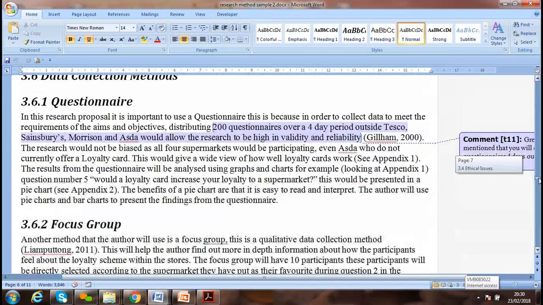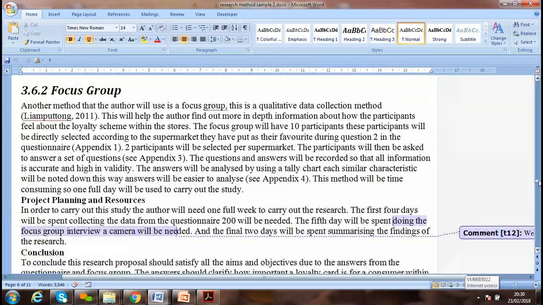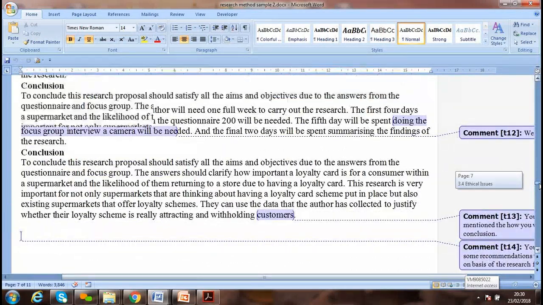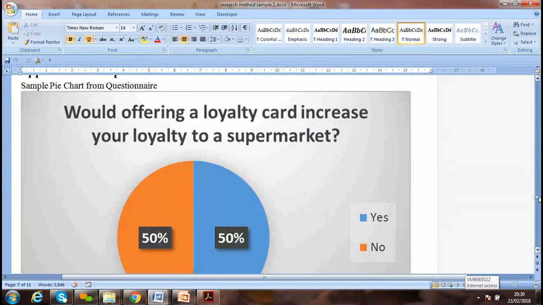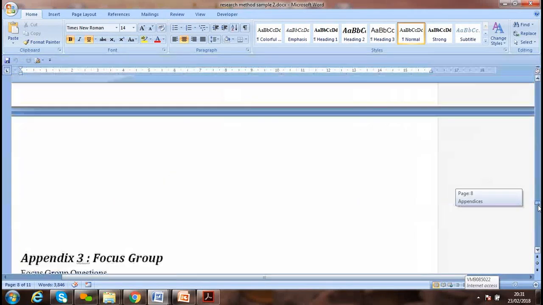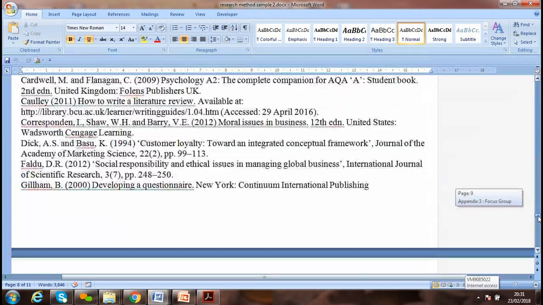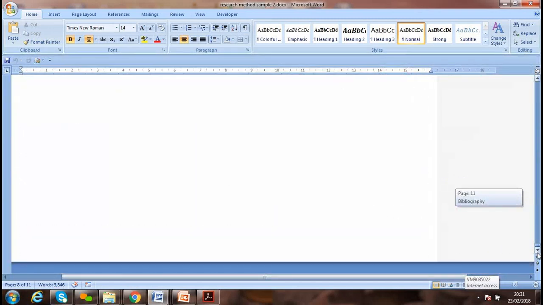Data collection methods, questionnaire and focus group, will be used, and a conclusion will be drawn. Then they demonstrate how they'll present the data, using bar charts and line graphs. That's someone else's proposal.